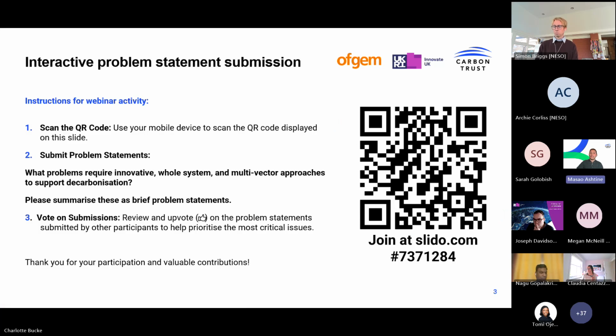So if you would like, you can click as well as you can scan the code here. We also have the code at the bottom for joining on Slido. It would be great if you have that loaded on the side, and then as the speakers start going through, or even from now, if you have some general idea of the focal areas where you think that we should be looking at across different vectors, you can start populating that.